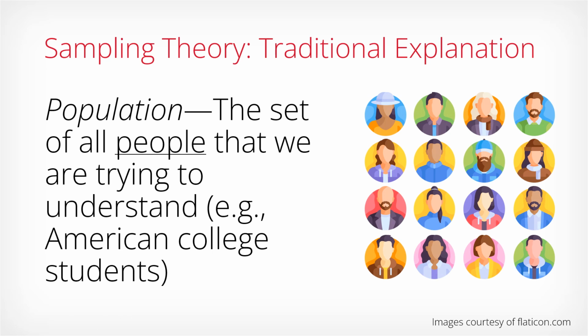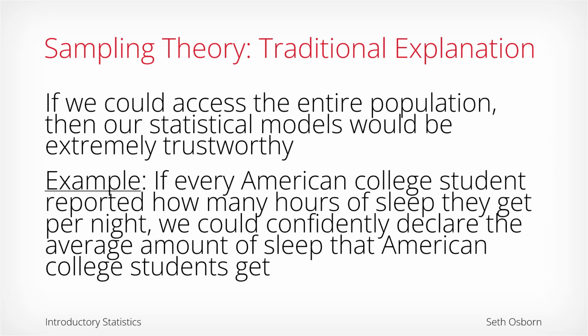All right, so traditionally we say the population is the set of all people that we are trying to understand, such as, for example, American college students. We would like to be able to access the entire population because then our statistical models would be very trustworthy.